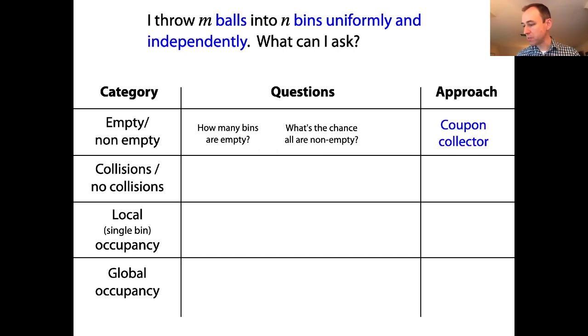Okay, so those are my empty, non-empty questions. The next type of question has to do with whether there were collisions or not. Collisions being two balls going to the same bin, two items going to the same bucket of the hash table. So what are some collision, no collision type questions?